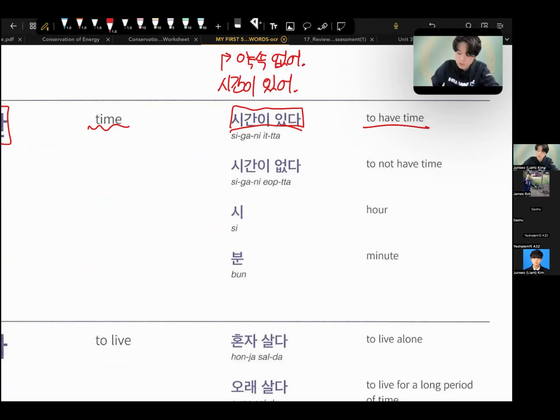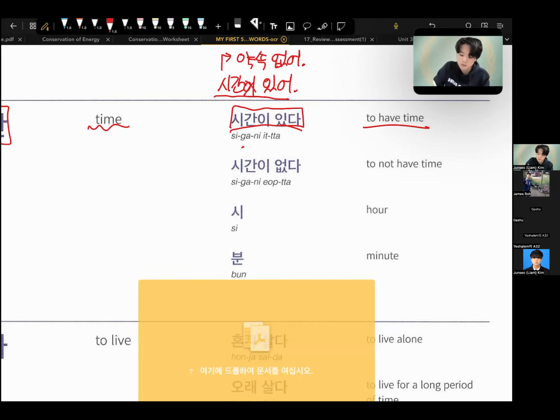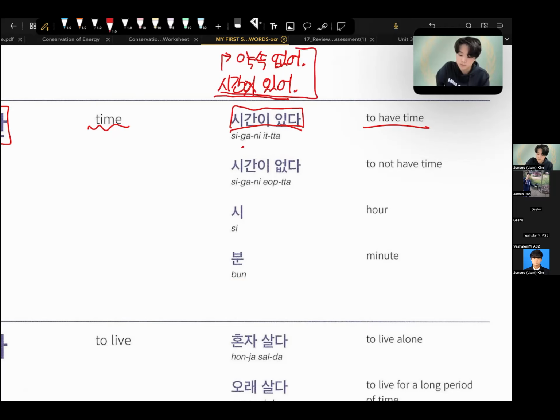In a situation where you are planning to meet somebody, like going to watch a movie or going to a cafe with your friend, boyfriend, or girlfriend, you can say 시간 있어? without the 이 part. Or you can say 약속 없어. They have the same meaning in these situations.